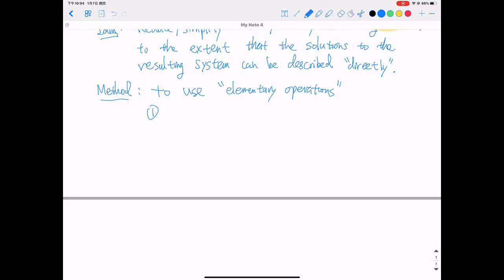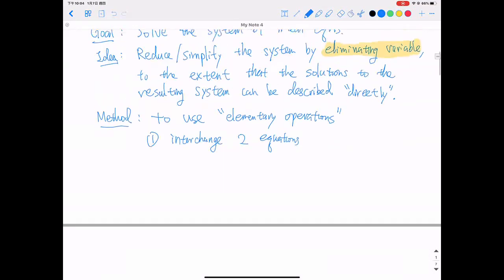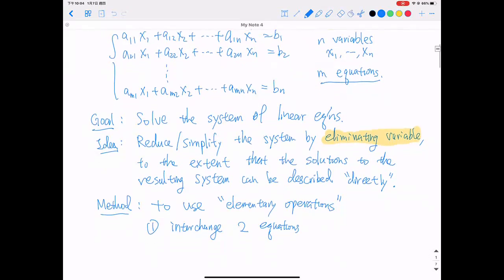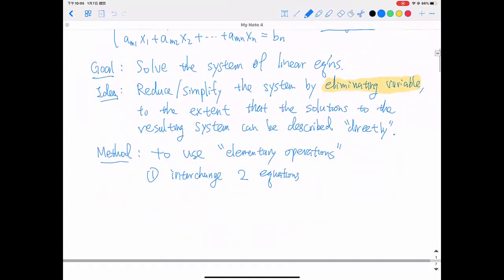The first elementary operation is interchanging two equations. You have m equations listed in some order, and you can interchange any two of them, and the resulting system will still be pretty much the same system. It's just that the ordering of the equations is changed.